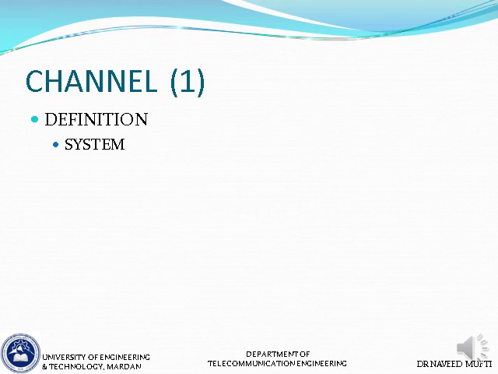And in frequency domain, your input signal is x of f, your output signal is y of f, while your system in frequency domain is represented by h of f, which is the frequency transfer function of the system. So you can consider your channel as a system. So your channel can also have an impulse response, and in fact studies which are concentrated on understanding the behaviors of channels, they in fact study the impulse response of the channels as one of the parameters. So channel is taken as a system.